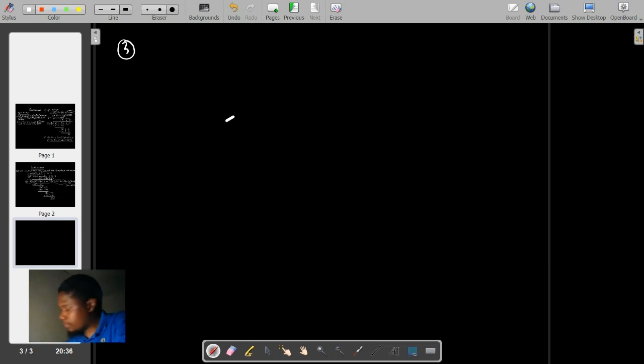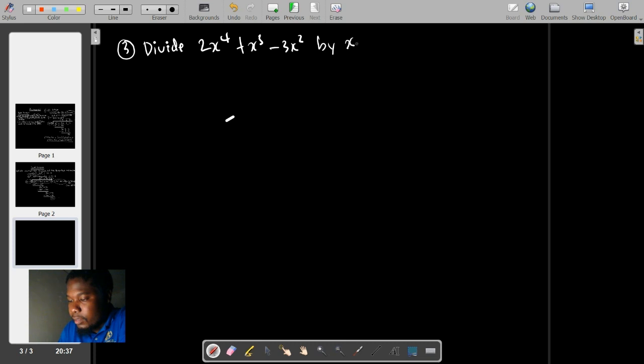So we're saying divide 2x to the power 4 plus x to the power 3 minus 3x to the power 2, and then we are dividing by x squared plus 2, and state the quotient and the remainder. Okay, so this is where it becomes interesting as well. Now let's look at our dividend.